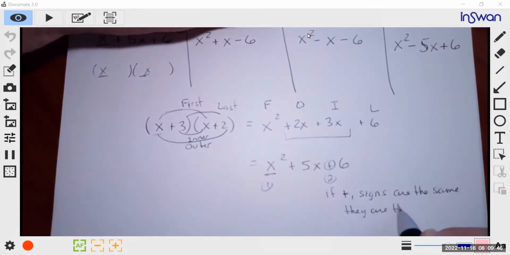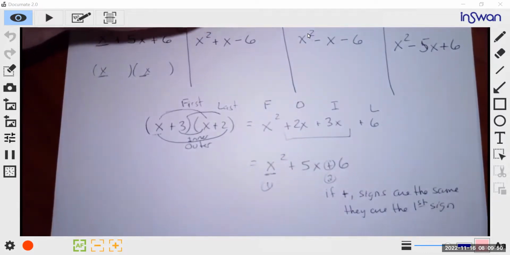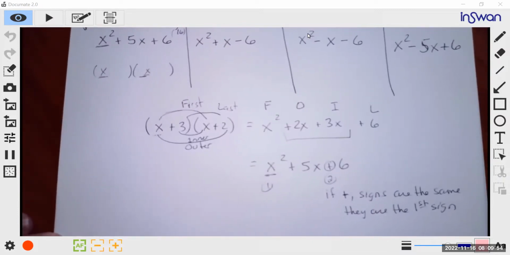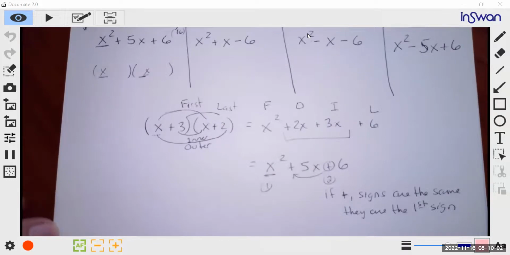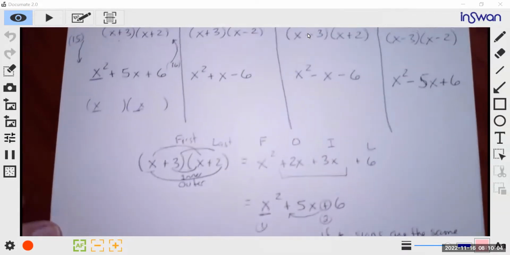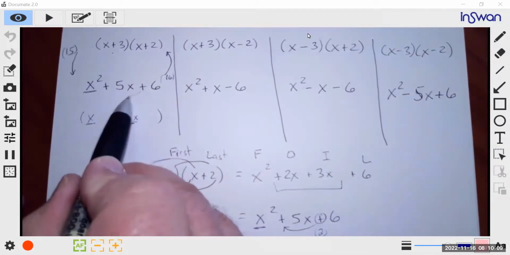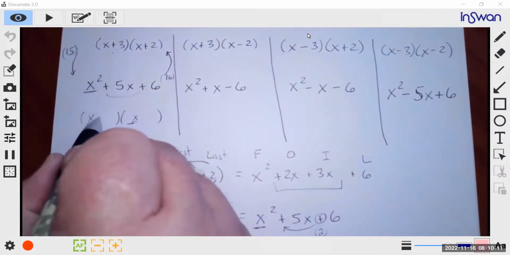They are the first sign. So if the second sign's a plus, they're both whatever the first sign is. In our example here, the second sign is a plus. They're both the same, so they're both going to be positives.